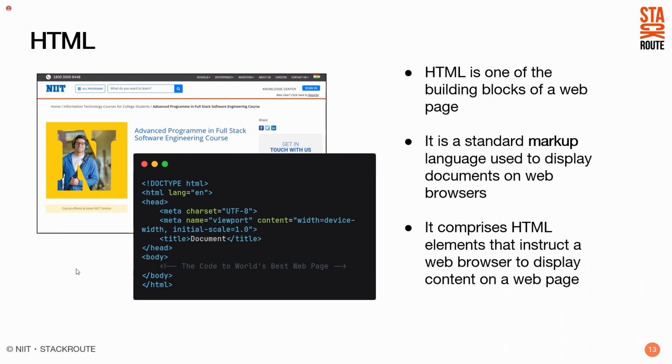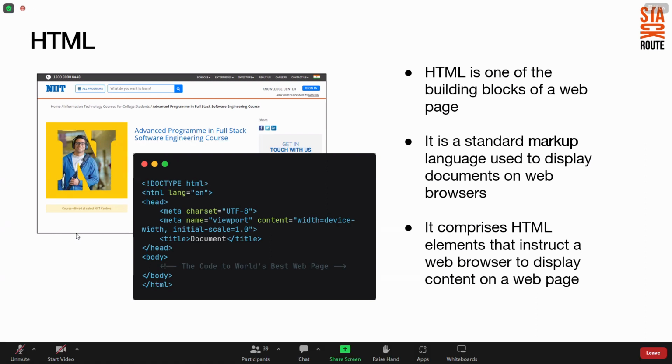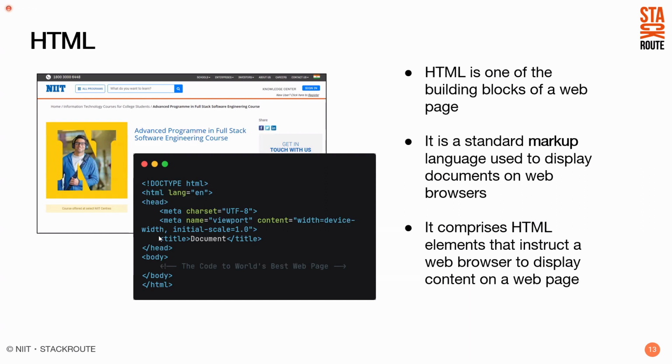Whereas we have another kind of language called a markup or scripting language, which is tag-based and has a script engine for shell-based or browser-based application development. Your HTML falls under the category of markup language for your web browser.